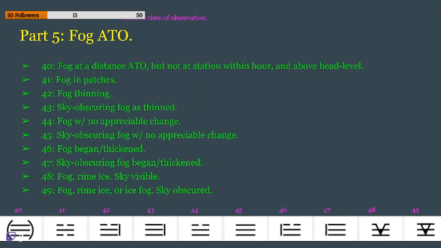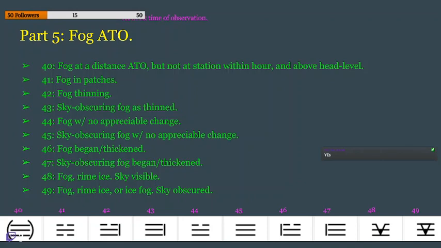So much fun. I'm having fun. Are you guys? Yes. Fog. So, quick thing.